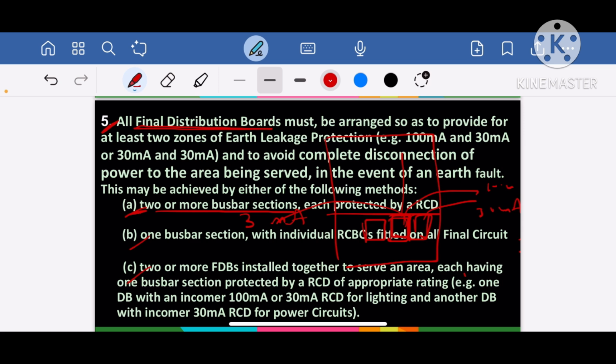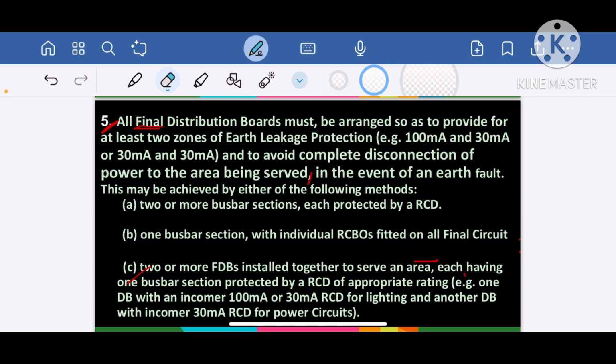Suppose one load related to one ELCB has an earth fault, then that ELCB or RCD will trip and the other RCD will remain functional. So suppose this final distribution board is serving one area; due to an earth fault in one of the loads, it will trip one section, but due to the other functional ELCB, that area will still be served. So this is the first point mentioned. Okay, what is the second point?